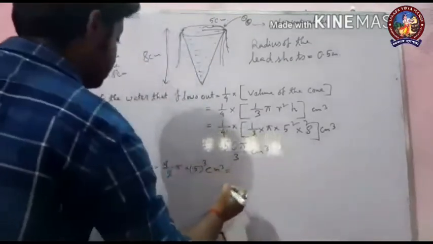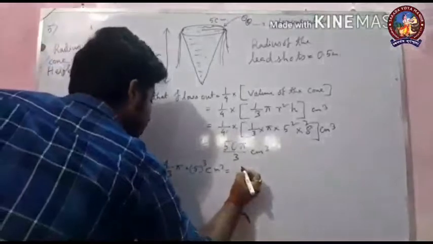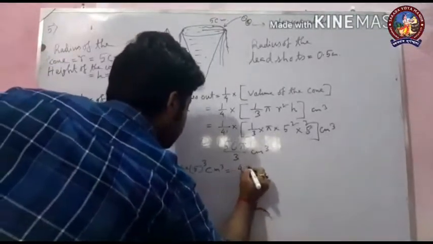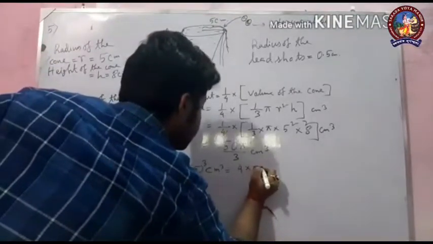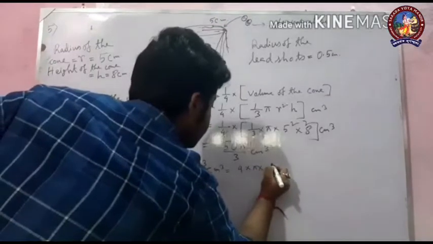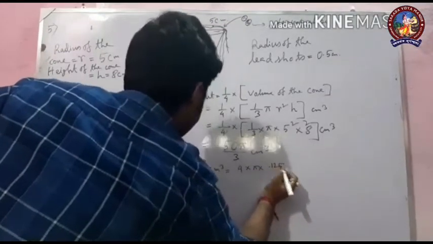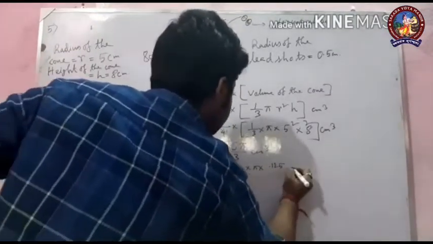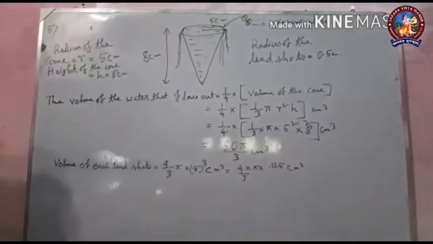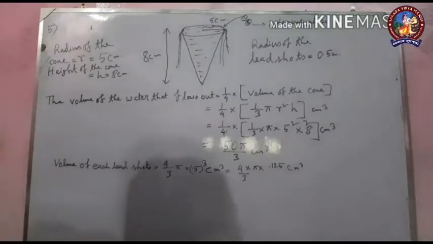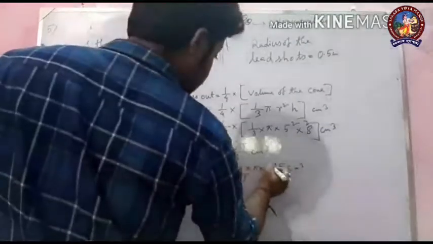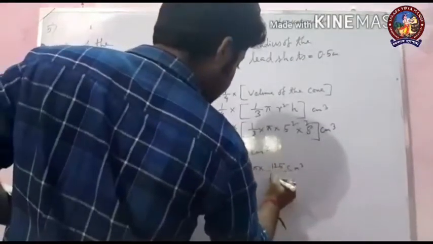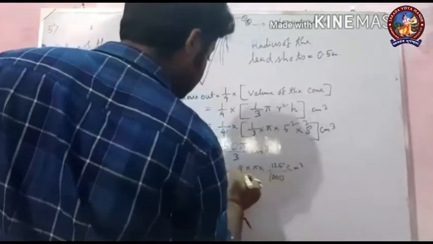That is 4 into pi into 0.125 by 3 centimeter cube, right? If I take out the point, it will be 1000.